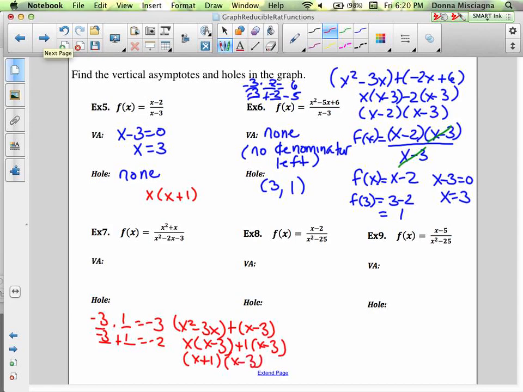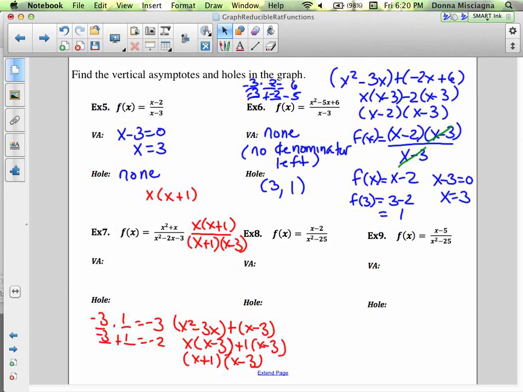All right, so our equation is really x times x plus 1 over x plus 1 times x minus 3. All right, well, look, there's an x plus 1.